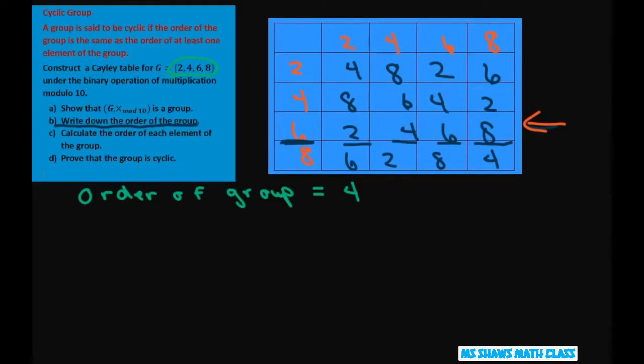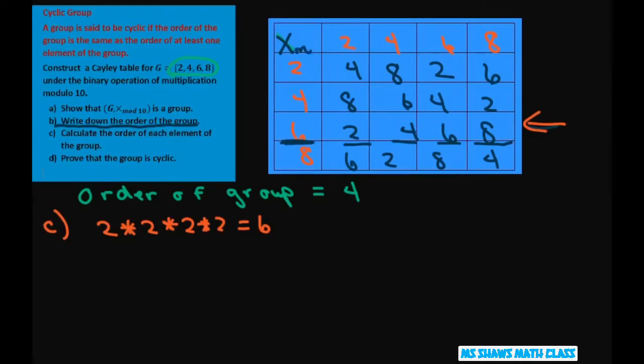Now for part C, we want to write the order of each element. So basically the order of each element is the number of times until you get back to the identity. So for C, we know 2 star 2 star 2 star 2 equals 6, and you can look at the table I rewrote here.